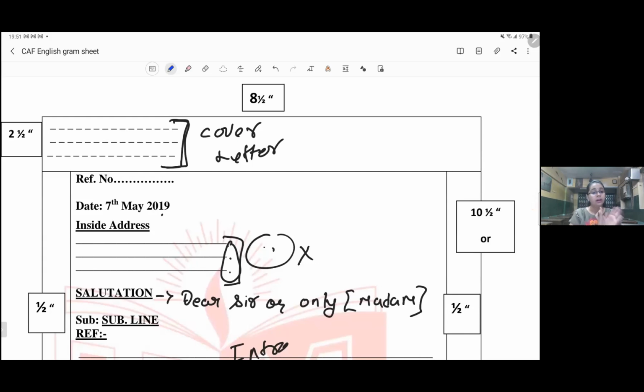Everything on the left hand side. Reference number, date, inside address. But the main thing is you are not going to add full stop, comma, or anything. Nothing like that will come in the address. Clear?